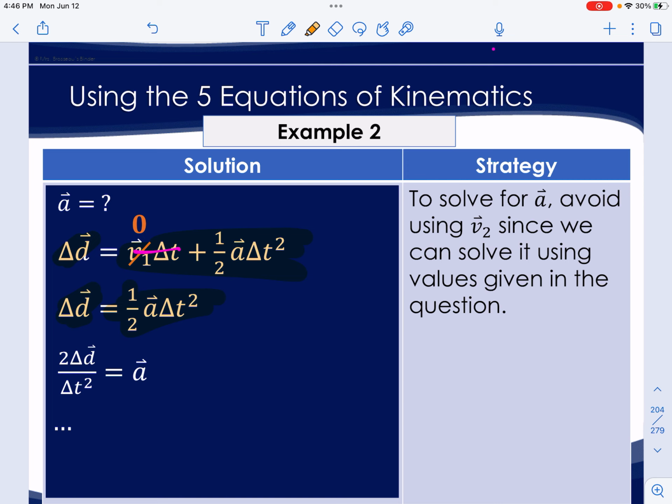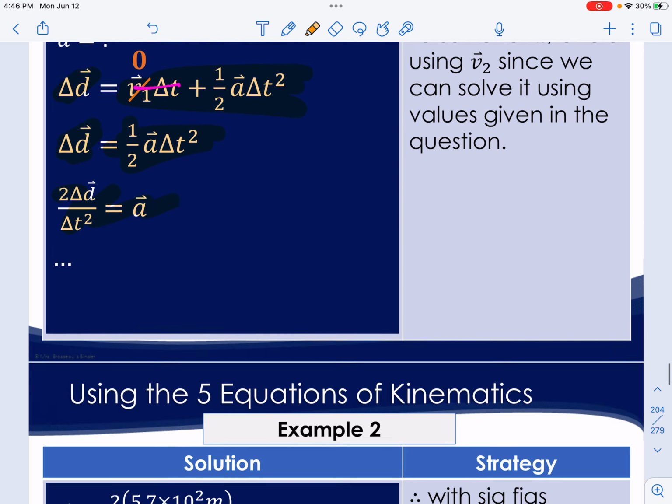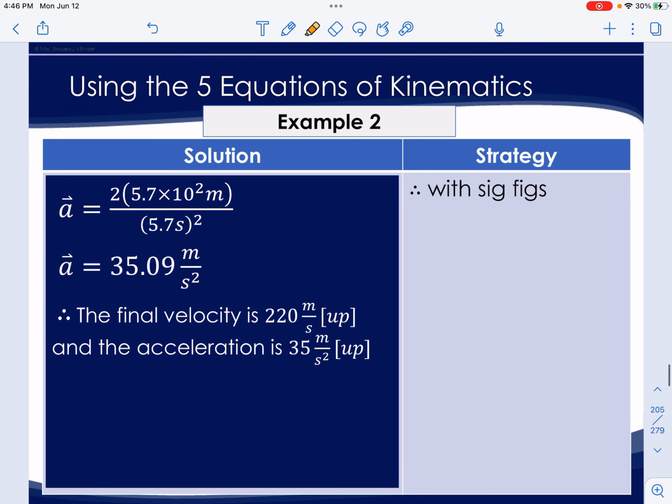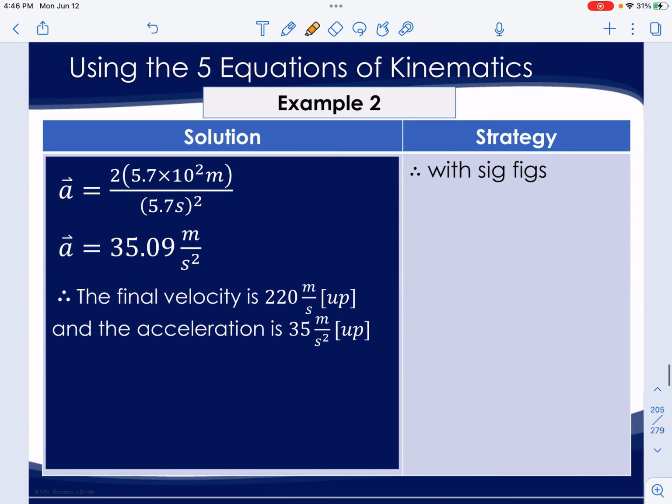We rearrange this to solve for a, and then you just plug in the values. So the acceleration is 35.09 meters per second squared. So the answers are the final velocity is 220 meters per second up, and the acceleration is 35 meters per second squared up.